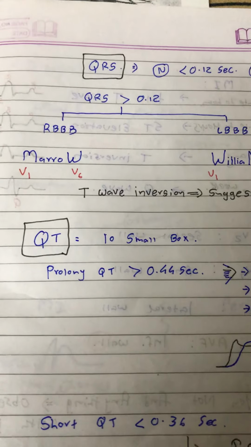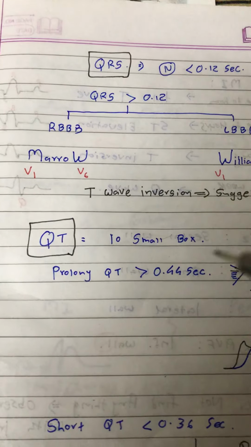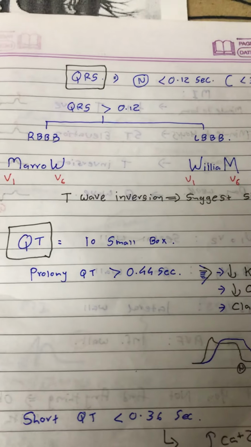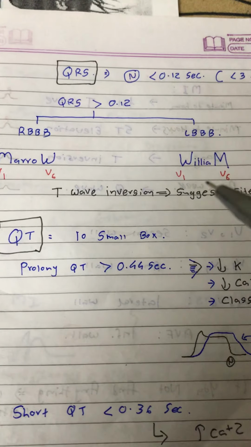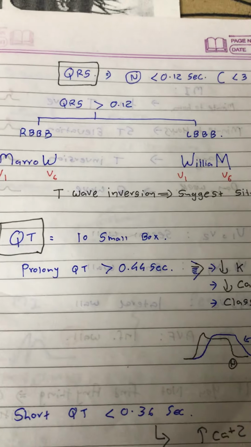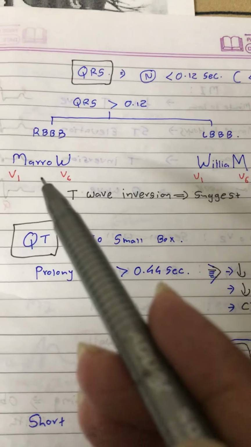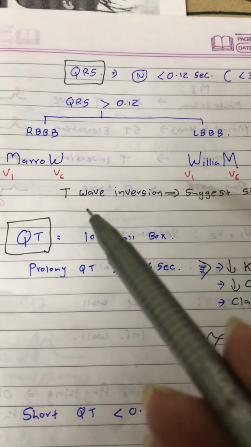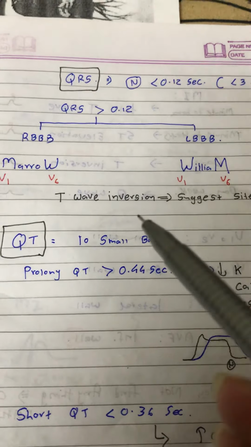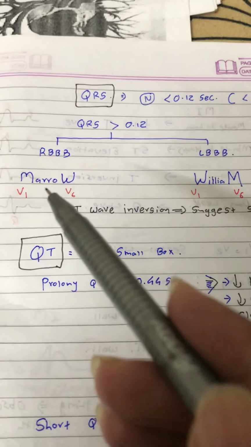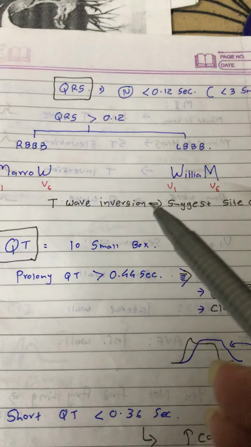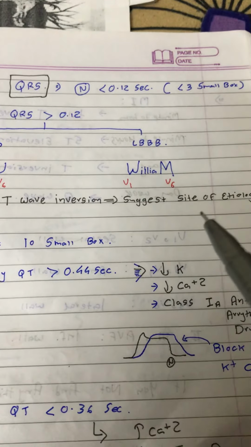In right bundle branch block there is a marrow pattern, meaning an M pattern in V1 and a W pattern in V6, while in LBBB there is a W pattern in V1 and an M pattern in V6. If you don't recall this, then the easiest way is to see T wave inversion. If T wave inversion is in lead V1, the etiology is related to the right side, and if T wave inversion is seen in lead V6, the etiology is towards the left side.